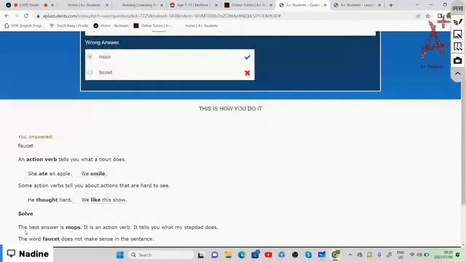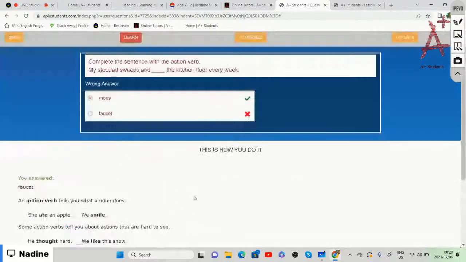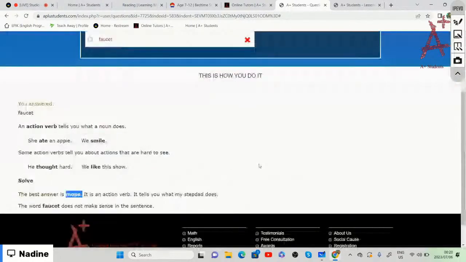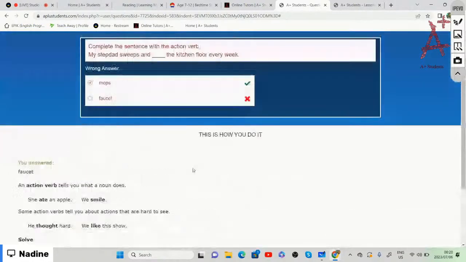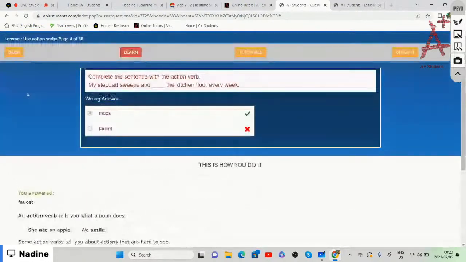So the best answer is mops. He mops and sweeps the kitchen floor, and it tells us what the stepdad does. The word faucet does not even match the sentence correctly. So if you chose mops, then well done.